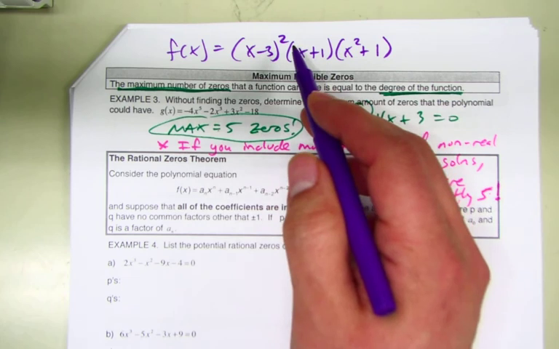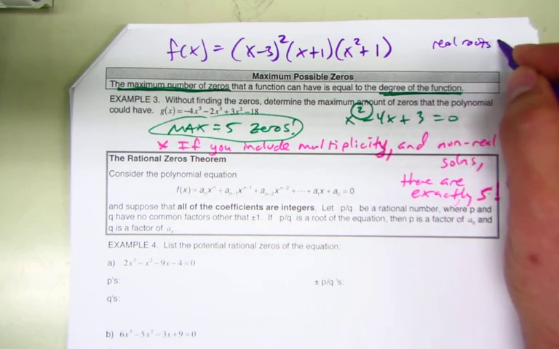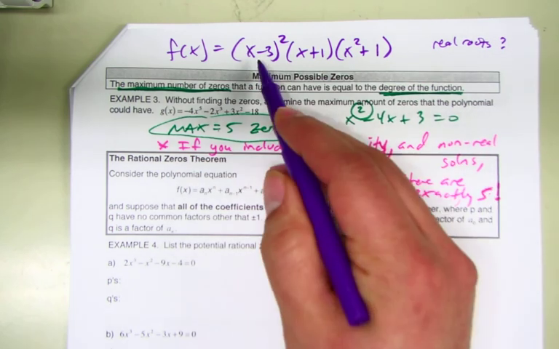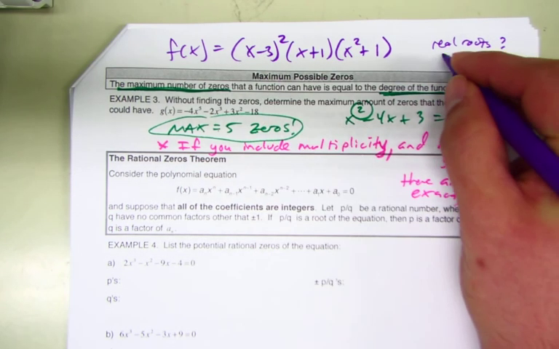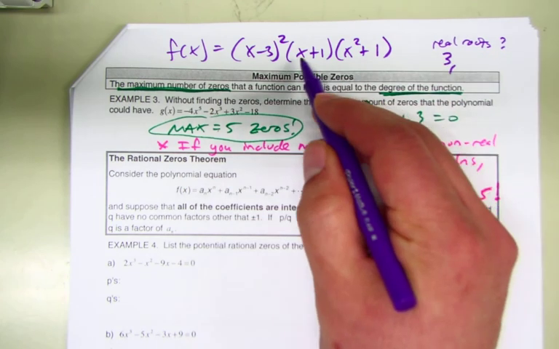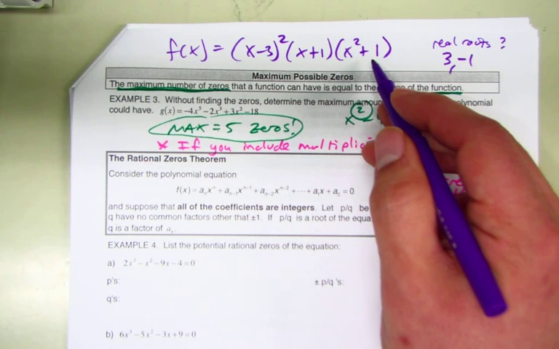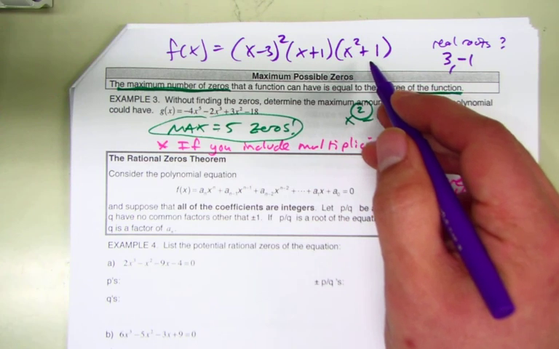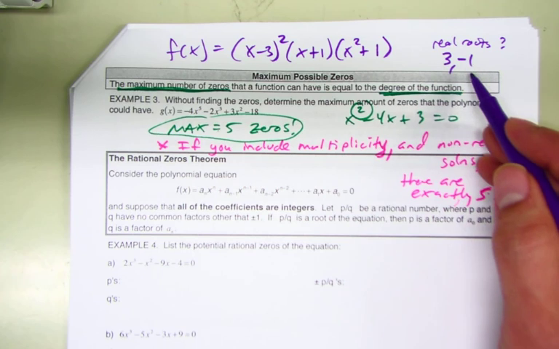If I just ask you how many real roots there are, here I would get what root, or what 0? 3. What about here? -1. If I set this equal to 0 and tried solving, I wouldn't get any real answers. It would be imaginary answers, right? So this one would only have 2 real answers.